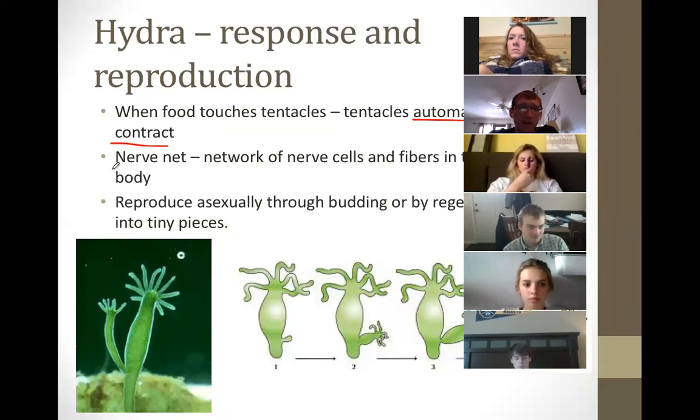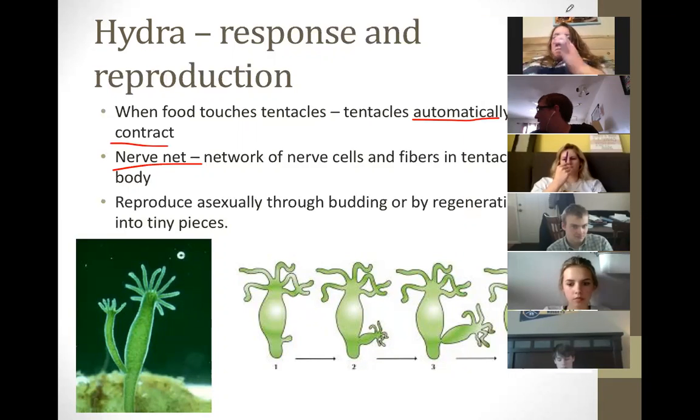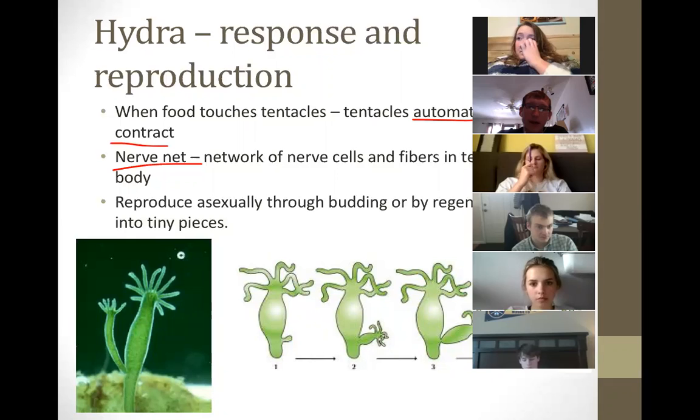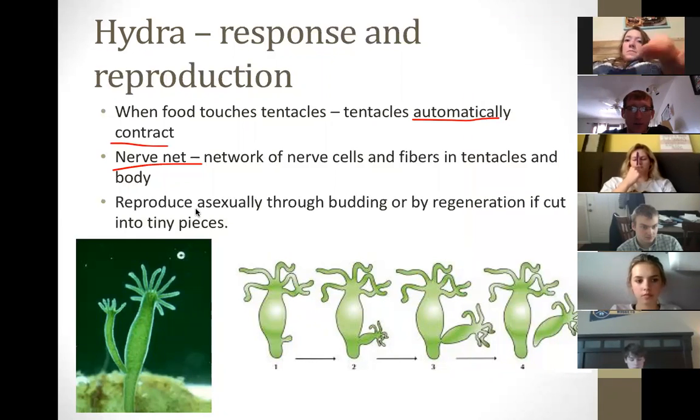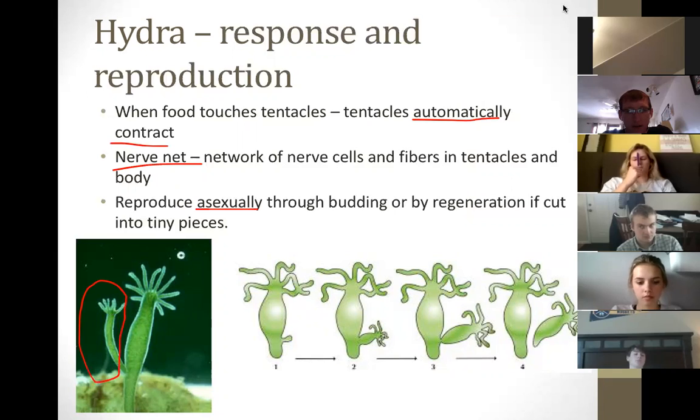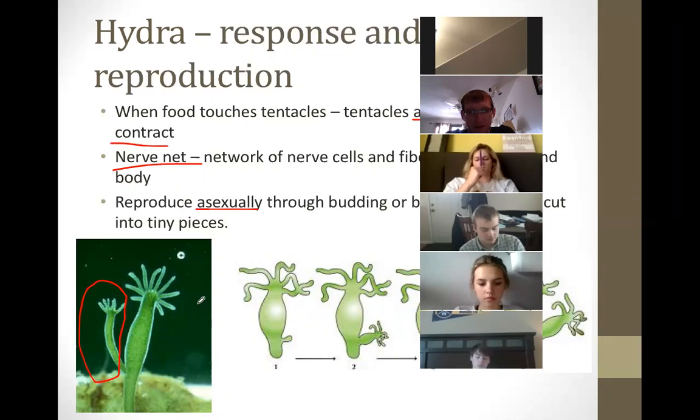The nerve net we've already talked about. The nerve net is a network of nerves that run throughout the body, including into the tentacles. And they can reproduce asexually, which is really cool, through a process called budding. This guy right here is a bud. It's super neat. They will grow out a clone of themselves, which is a little freaky, but kind of cool.